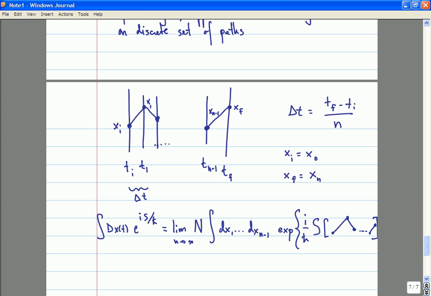So I expect that there should be some normalization factor to the nth power. And I'm going to determine this normalization factor by demanding that this solves the Schrodinger equation with the usual normalization of the states, namely that all of the states remain unit normalized.